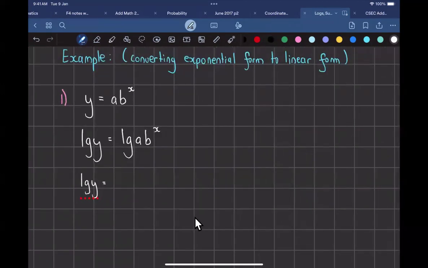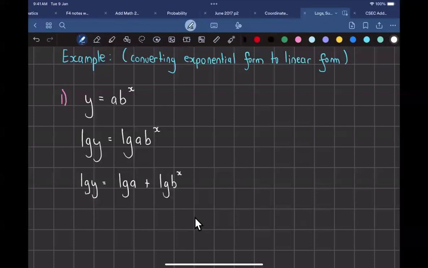Right. So it will be log y equals log of a times b to the power of x.